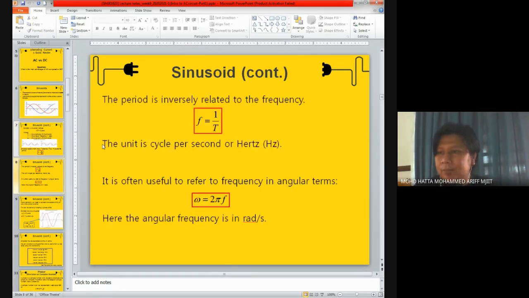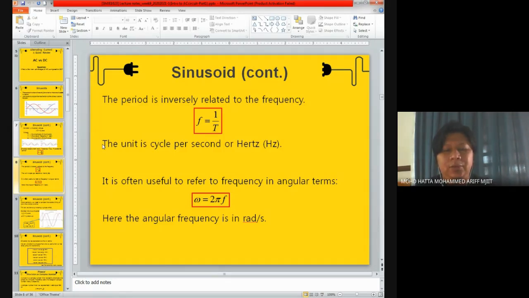Okay. And as I mentioned earlier, omega equals 2 pi f, or we can write it as omega equals 2 pi over T. So here we found that the period and the frequency are inversely related.